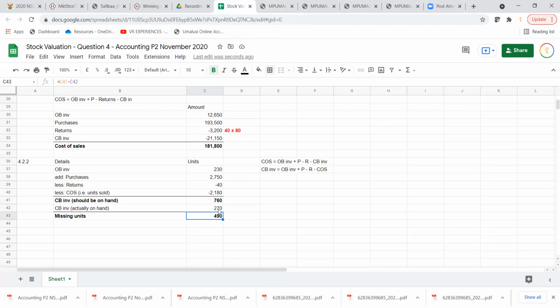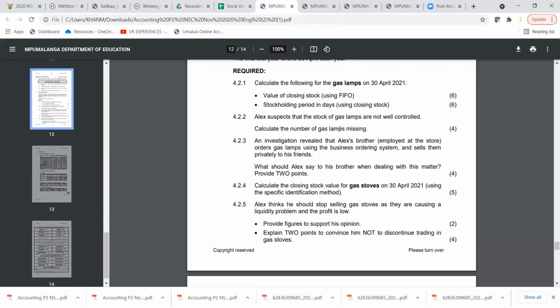Okay, how do we know? There should be 760 based on what we have bought and sold and returned. But what's actually on hand is only 270 and not 760. So 590 is missing. I mean, not 590, 490 is missing. Okay, so that is 4.2.2.